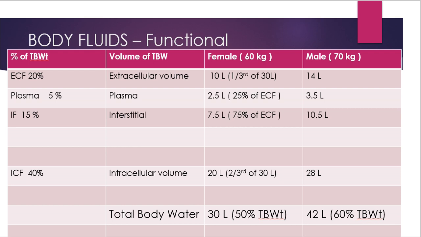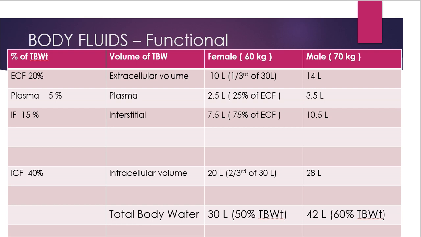And finally, just quickly, a female of 60 kg weight, a male of 70 kg, we have discussed this already. Suppose a 70 kg male is there, total body water will be around 42 liters. The ICF is around 28 liters.